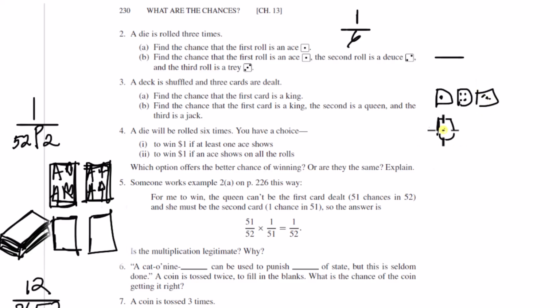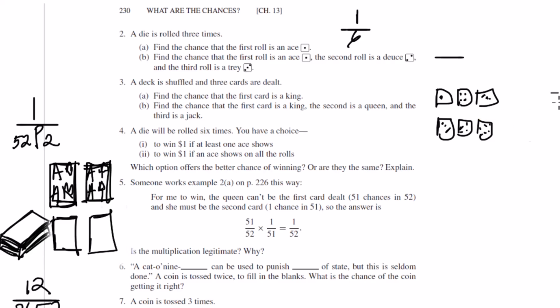We could have a 3, a 4, and a 6, right? Now, does order matter? Do we also want to consider if we had a 4, a 1, and a 3? Well, yeah, because order matters here. It's not that we just have 1, 2, and 3 in any order. No, the first roll needs to be an ace, the second roll a deuce, third roll a tray.